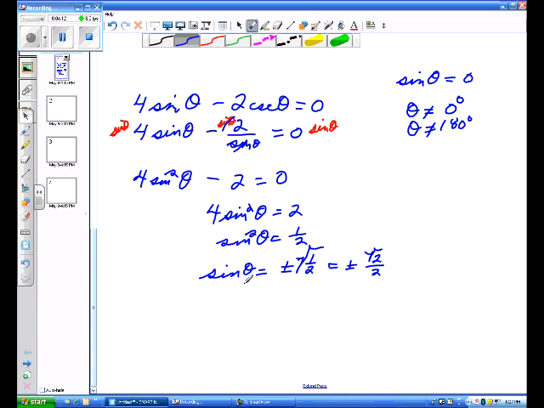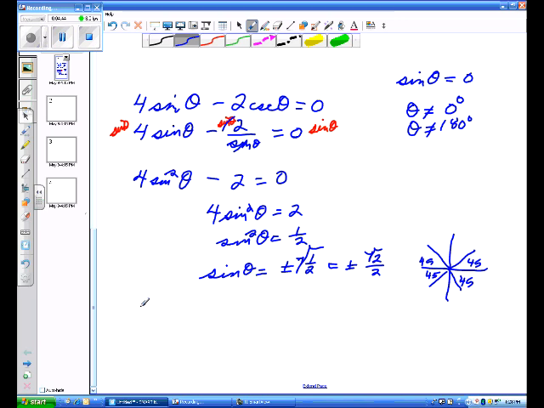So what we want are the angles where the sine is equal to square root of 2 over 2. Since it's plus or minus, that means we're in all 4 quadrants. So the angle whose sine is square root of 2 over 2 is 45 degrees. And as I said, we're in all 4 quadrants.